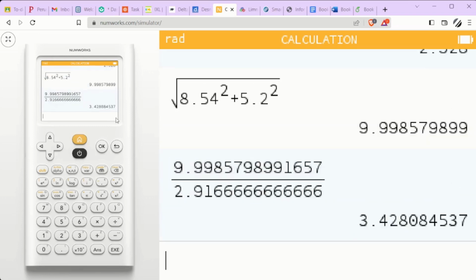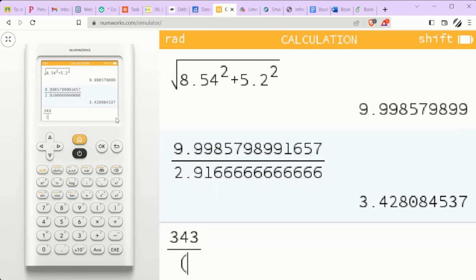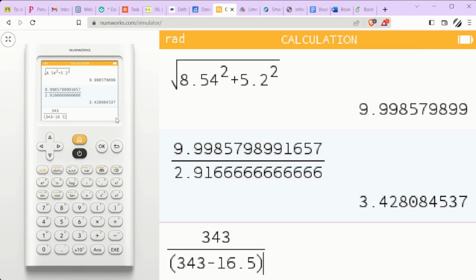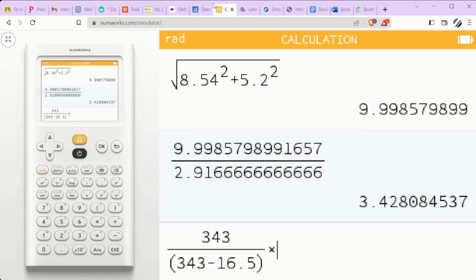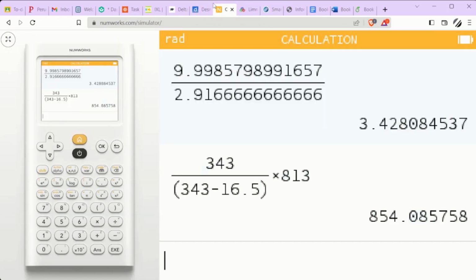Okay, so 343 divided by 343 minus 16.5. And our initial frequency is 813 hertz. So we end up with 854.